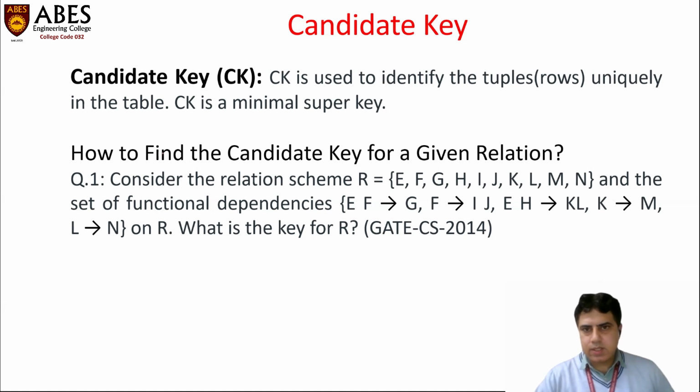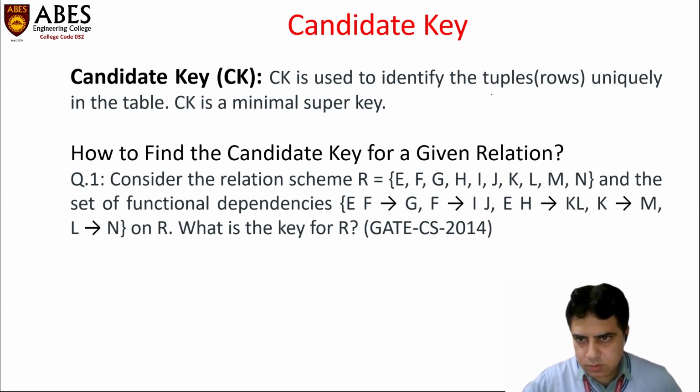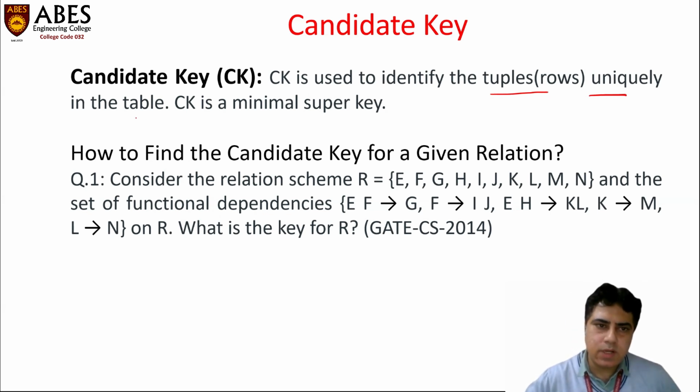Now let us understand the concept of candidate key. We already studied candidate key in the previous unit. Here we will understand how to calculate or find out the candidate key. First of all, a candidate key is used to identify the tuples, or rows, uniquely in a table or relation.